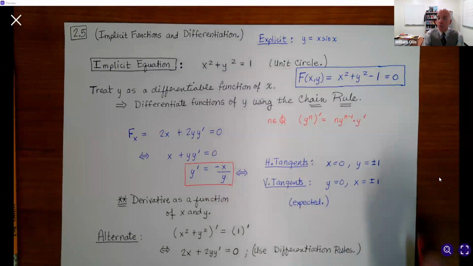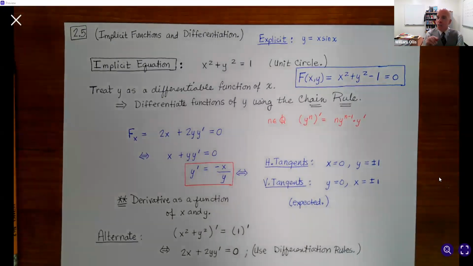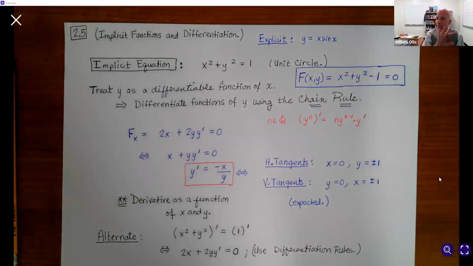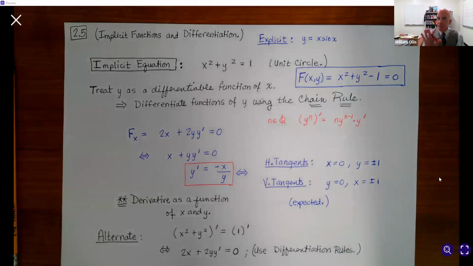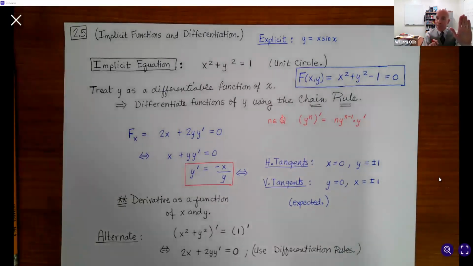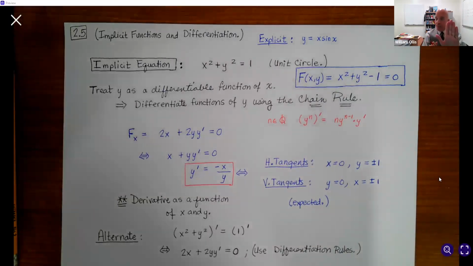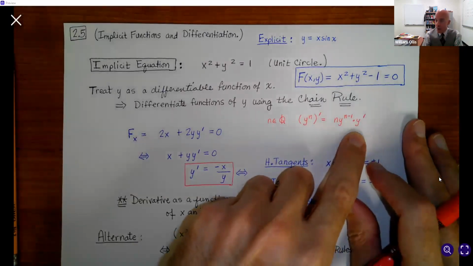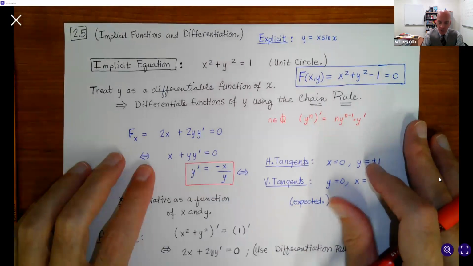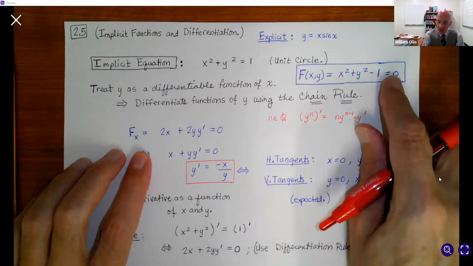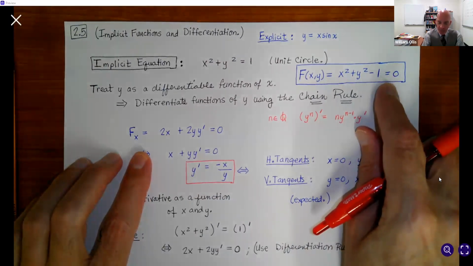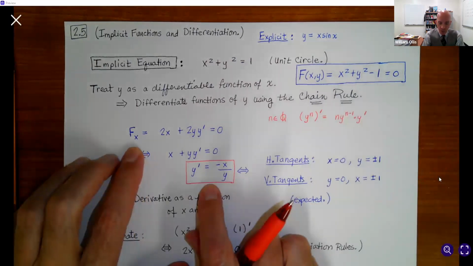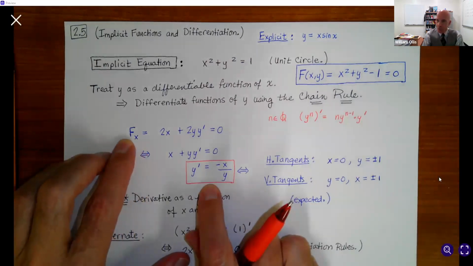And so we could think of differentiating implicitly, that is, differentiate each variable with respect to its dependence or independence, and then solve for y prime. And let me show you a very simple technique here. Now, of course, if I use the notation that I have here, we would say that we just want the x derivative of F.